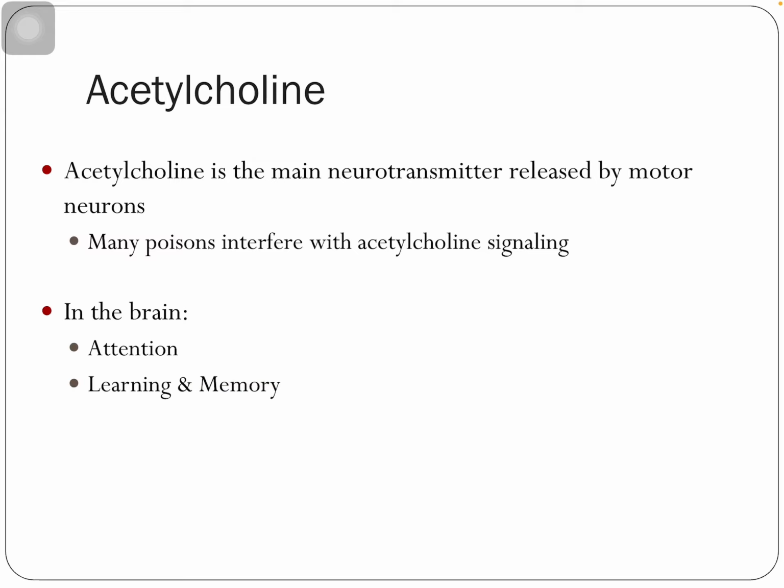It is one that's very, very important for the brain because it's involved in our ability to use our muscles. Acetylcholine is the main transmitter released by our motor neurons, and there are several poisons that interfere with acetylcholine signaling.